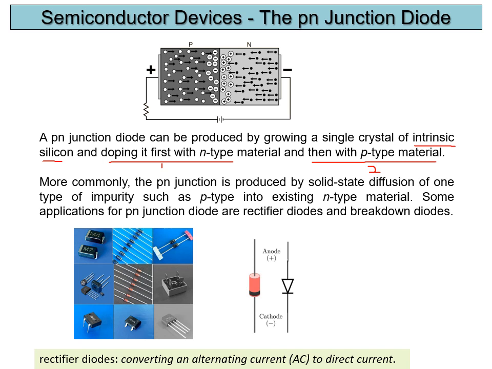More commonly, the p-n junction is produced by solid-state diffusion of one type of impurity, such as P-type, into existing N-type material. Some applications for the p-n junction diode are rectifier diodes and breakdown diodes. A real application is the rectifier diode, converting alternating current AC to direct current.